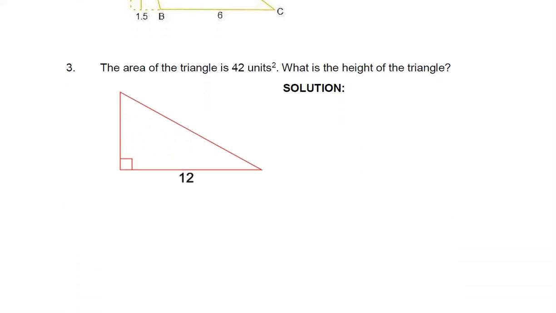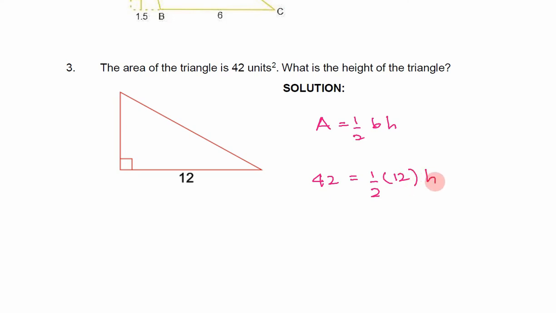Okay, number 3, area of the triangle is 42 units. What is the height of the triangle? So since here you have already been given the area, you are looking for the height. So the area is 42, base is equal to 12.